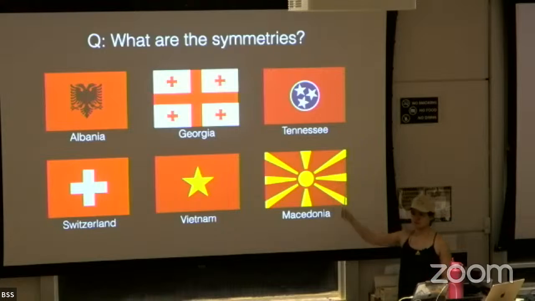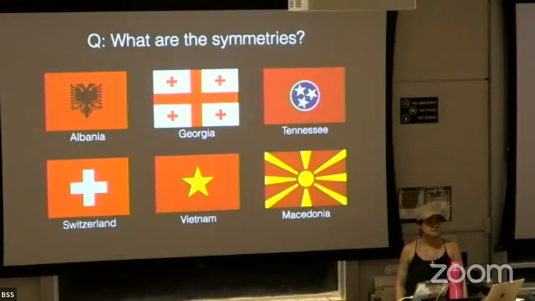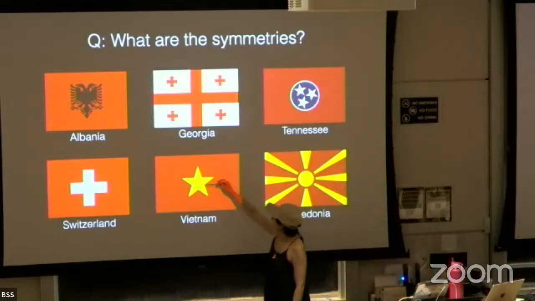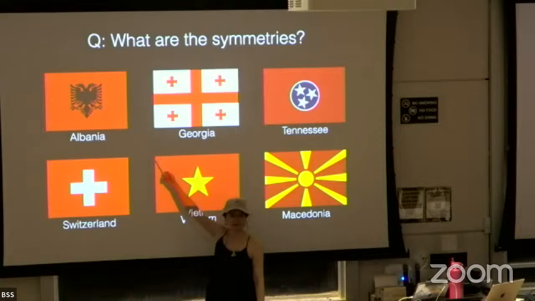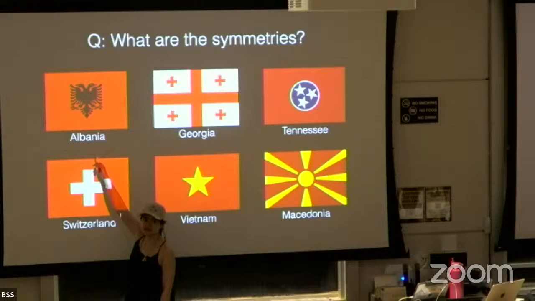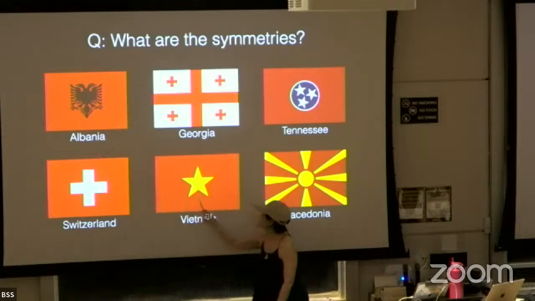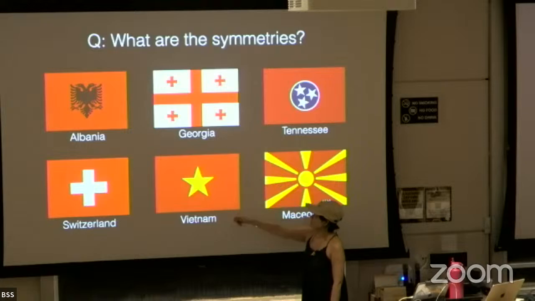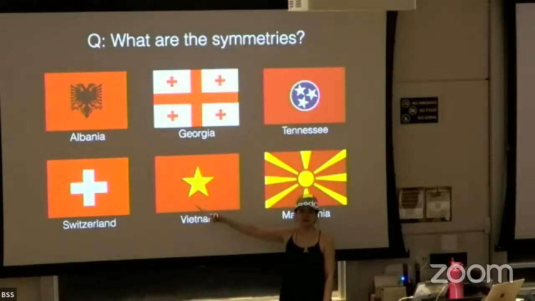So what do you all see? What symmetries do you see? Vietnam would have a 2 pi on 5 rotational symmetry. That's one symmetry. Does Albania have that symmetry as well? No. Yeah, so there's a mirror at the center. Do you think there are other ways of expressing Vietnam using other symmetries?